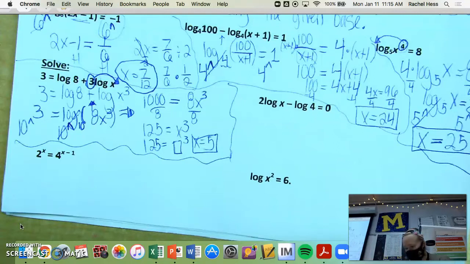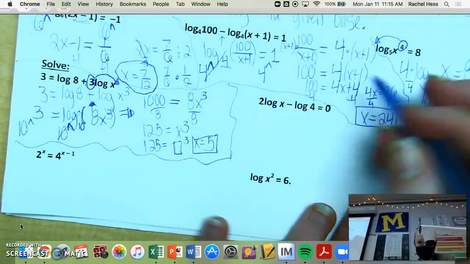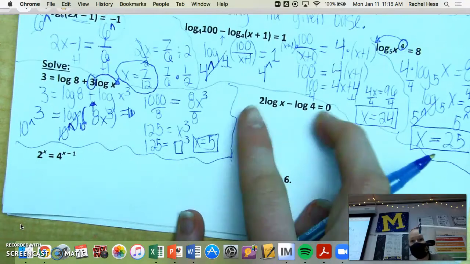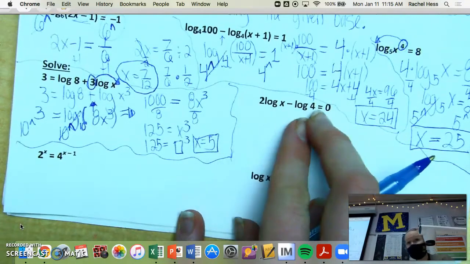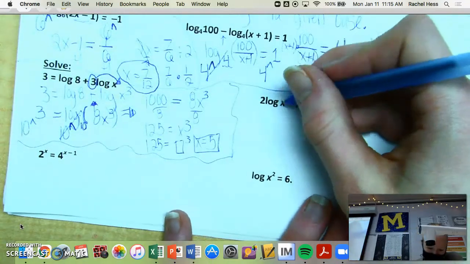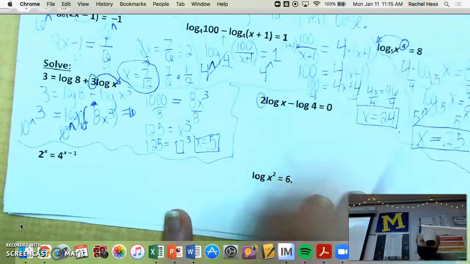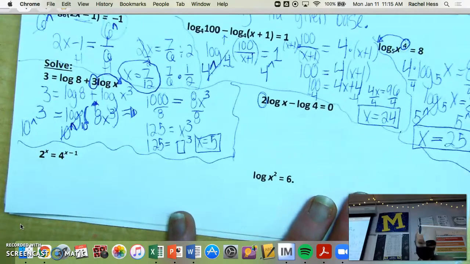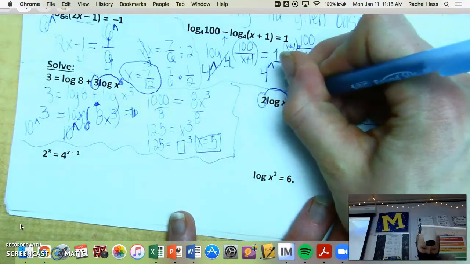This question is a good one as well, but what I would do is combine my logs, right? Before I do that, I need to put the 2 back. I can't have that 2 out front, so I got to put that 2 back.